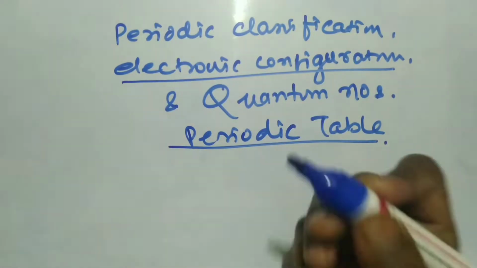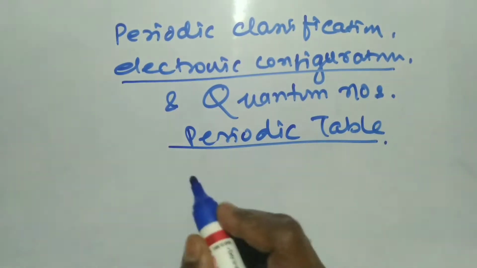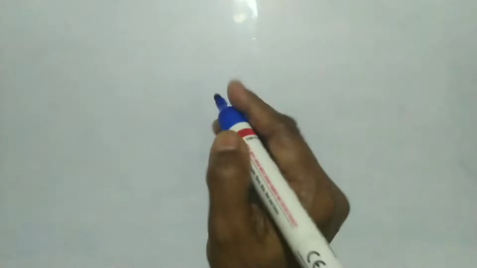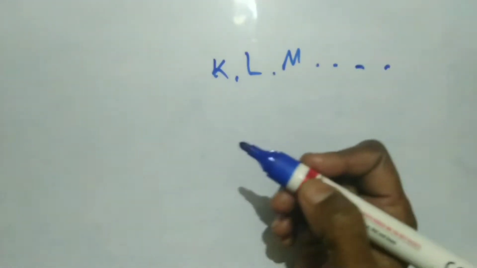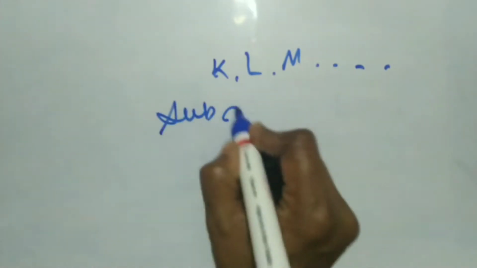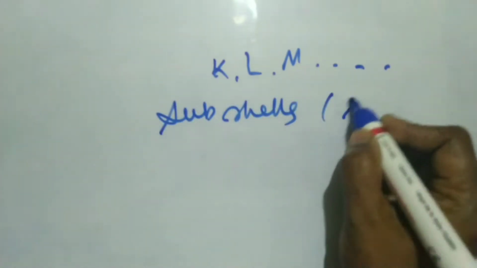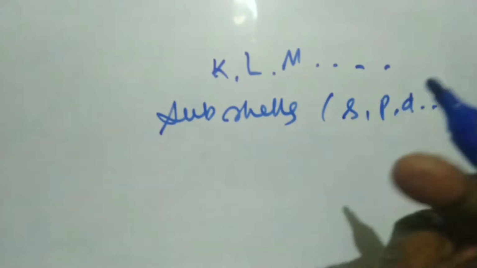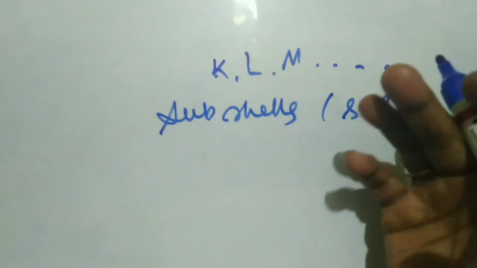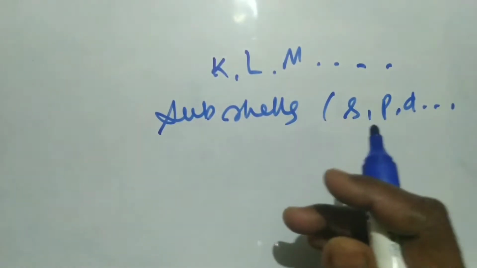Here I have explained the filling of electrons into different shells like K, L, M, etc. and subshells or orbitals, like s, p, d, with the help of different pictures and diagrams to make you understand in a better way.